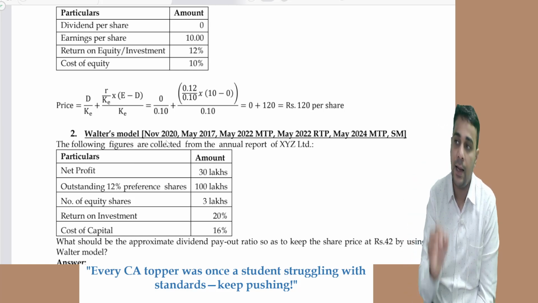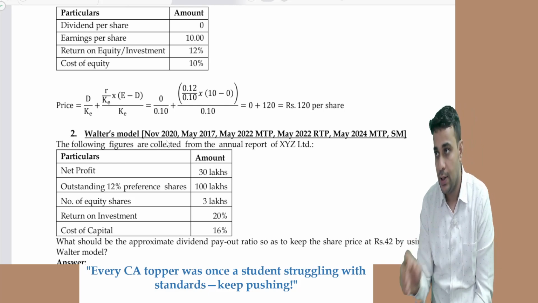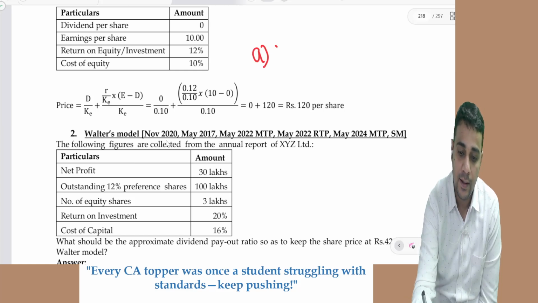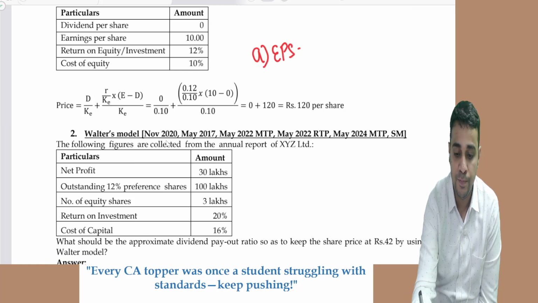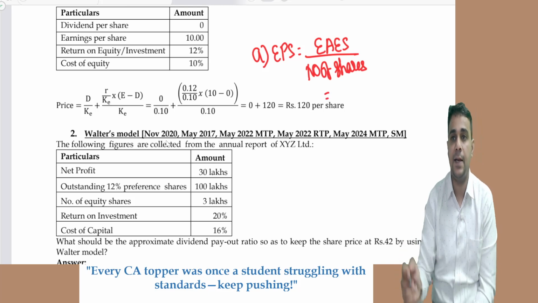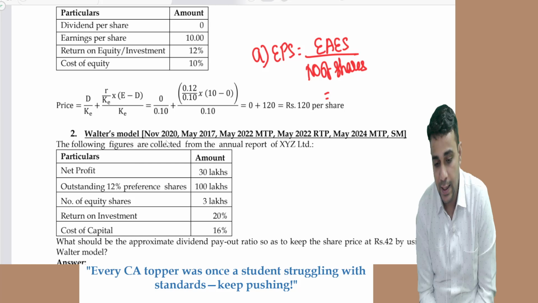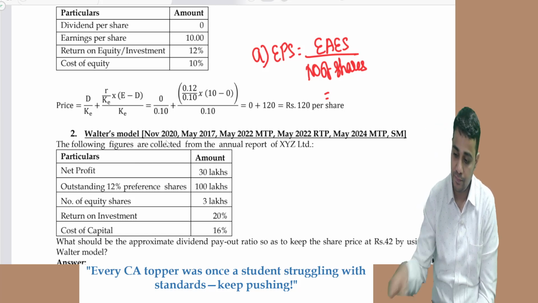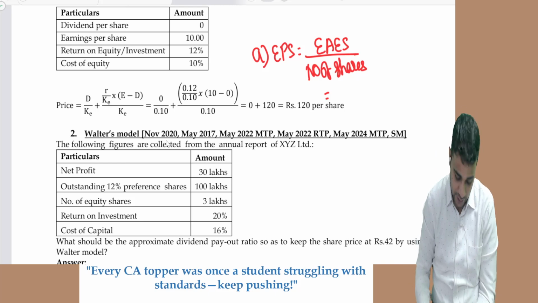But before I start, I want E. E is earnings per share. Earnings per share is equal to EAES divided by number of shares. And EAES is PAT minus preference dividend.